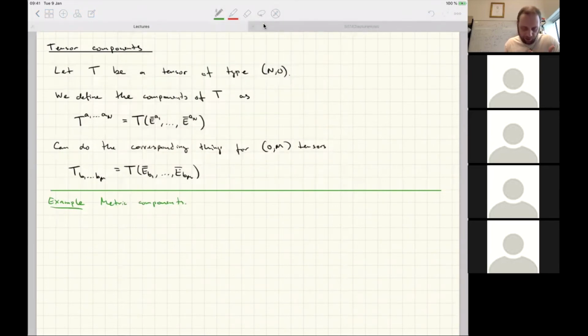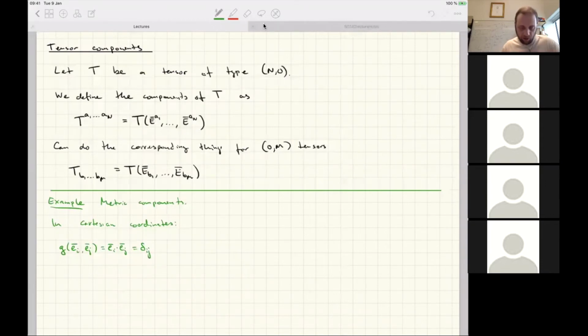In Cartesian coordinates, my basis vectors are the Cartesian basis vectors. So if I take g(e_i, e_j), that's e_i inner product with e_j, which is delta_ij.